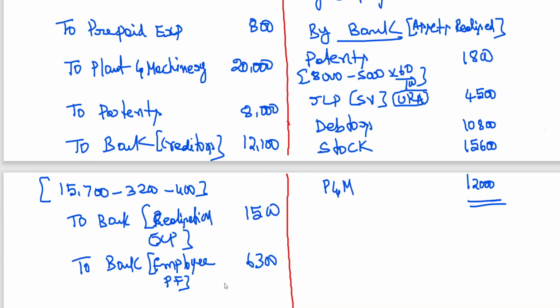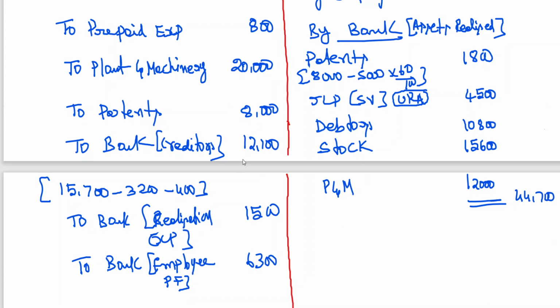Just let me check once again. 1,800 plus 4,500 plus 10,800 plus 15,600 plus 12,000. It is coming to 44,700. This is the amount realized.